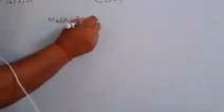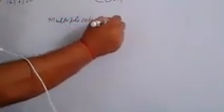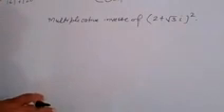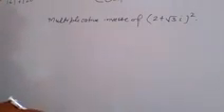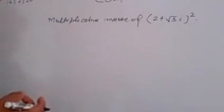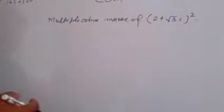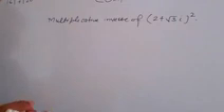Here you have to find the multiplicative inverse of (2 plus root 3i) whole square. You all well know the term multiplicative inverse. If z is any complex number, then 1 upon z is its multiplicative inverse.